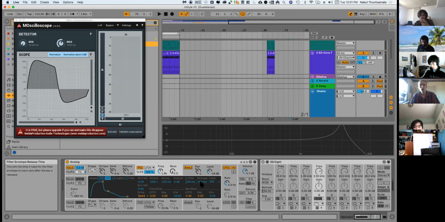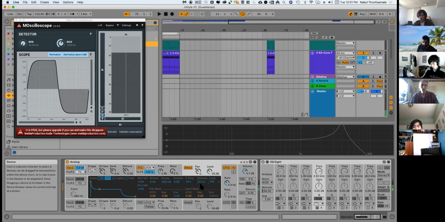So for instance, if I have this release really high and I let go, well, this is the filter release. So the amplitude, if I go to the amplitude envelope and I make the release really high, it's still sustained, right? No hands, right?